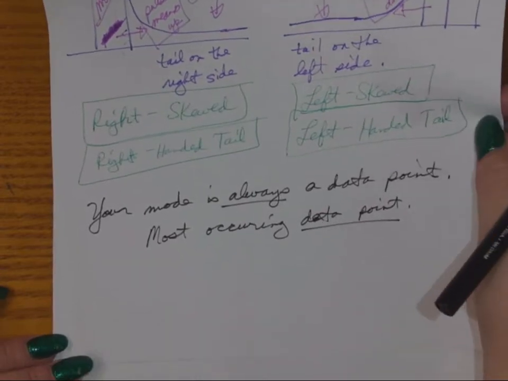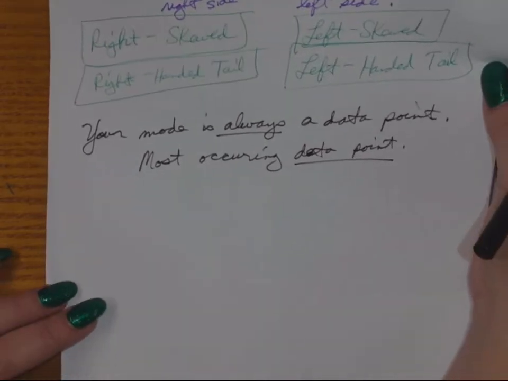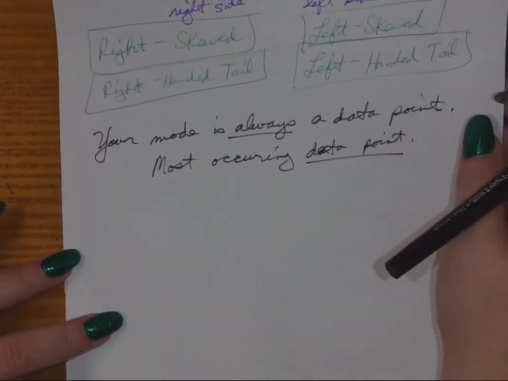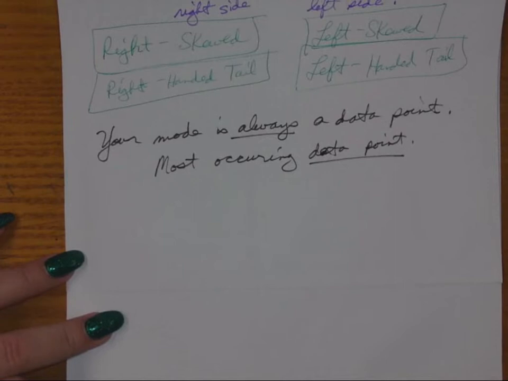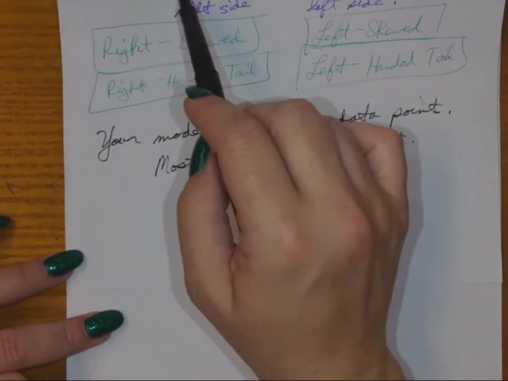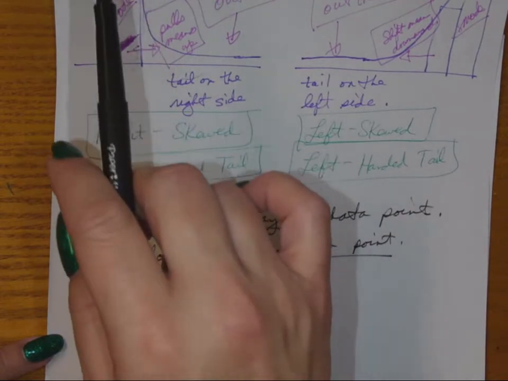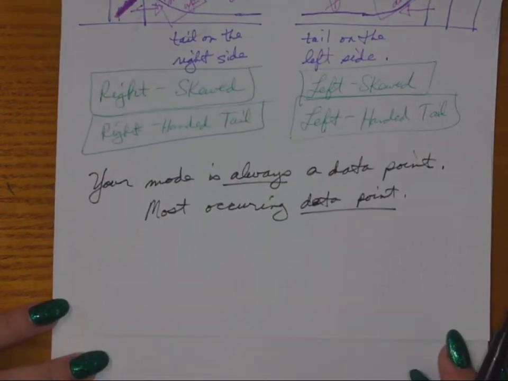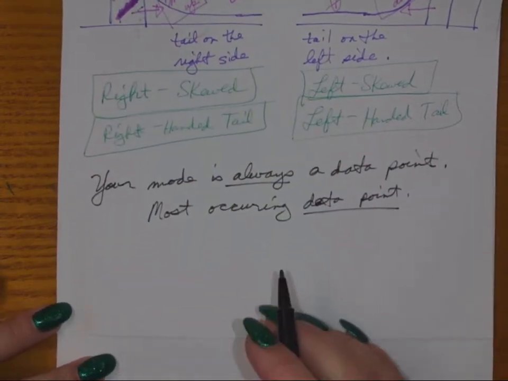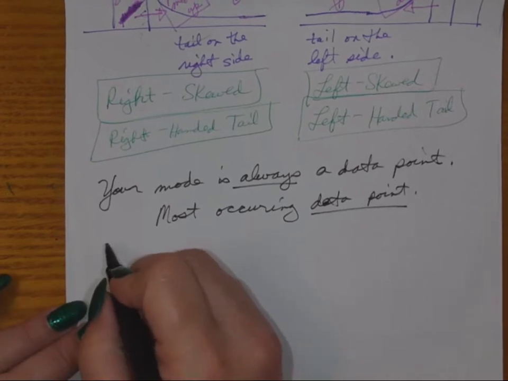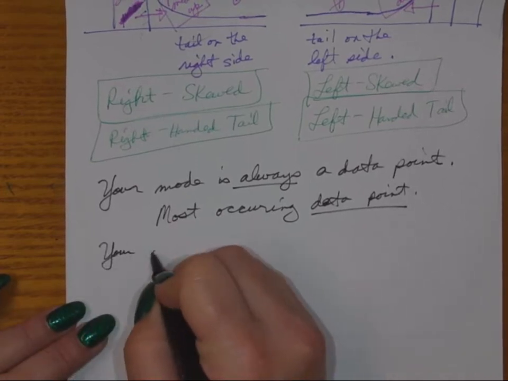It's not an average, it's not anything like that. So the mode is always a data point. So it's not going to be some weird thing. It's not going to be like I've got a mode out here in the middle of nowhere, right? It's going to be the tallest bar where the most data points are. That's what happens.